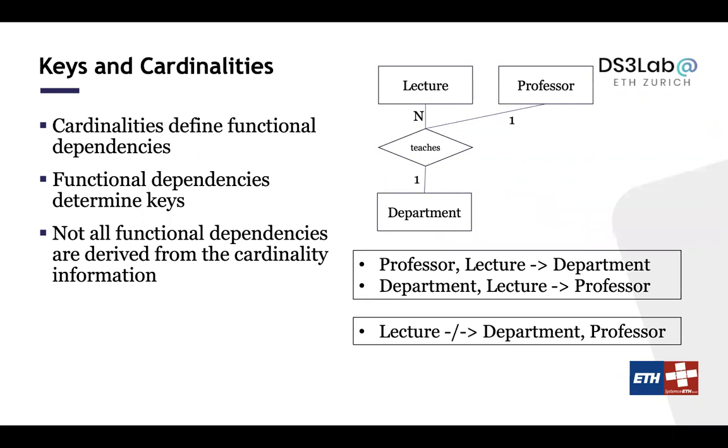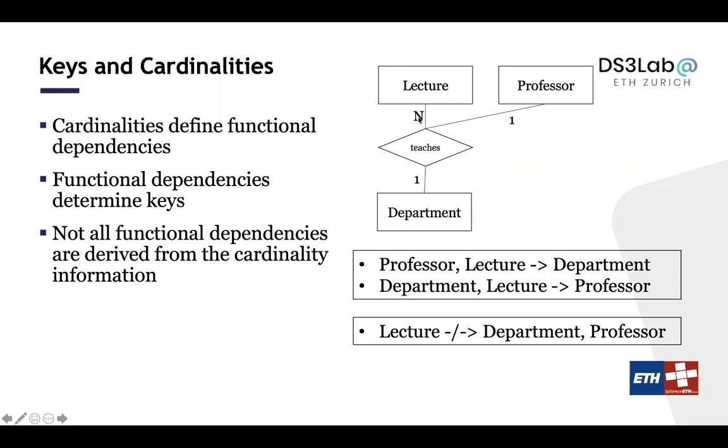So another interesting topic is cardinality, right? Let's just refresh our memory about cardinality in entity relationship models. Here we have an ER diagram with three entity sets. You have lecturer, you have professor, you have department. They participate in a three-way relationship, teaches, okay?